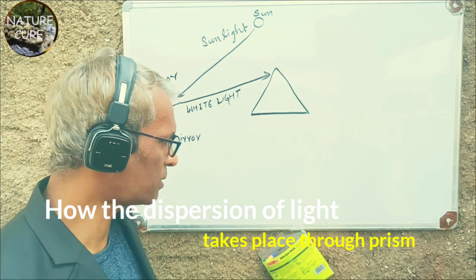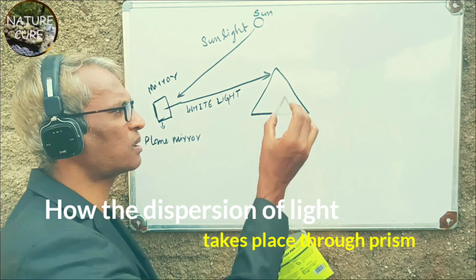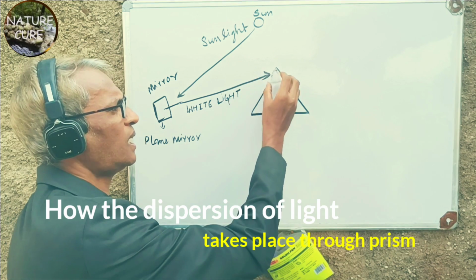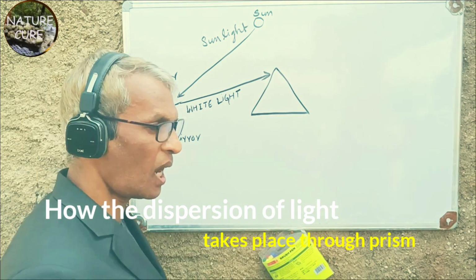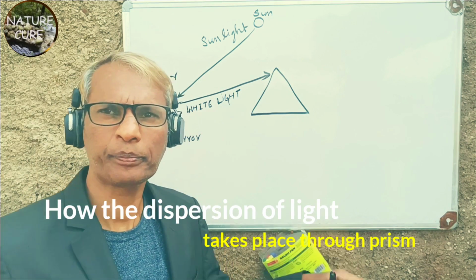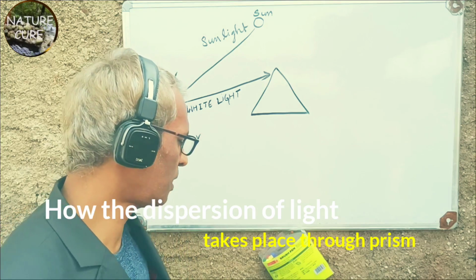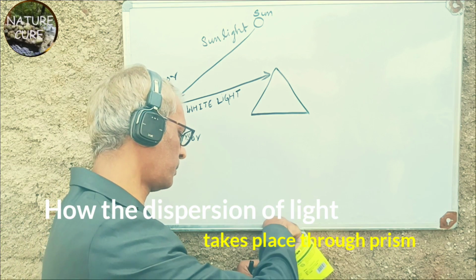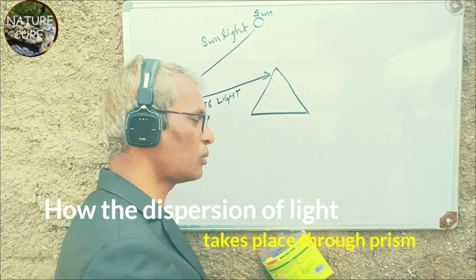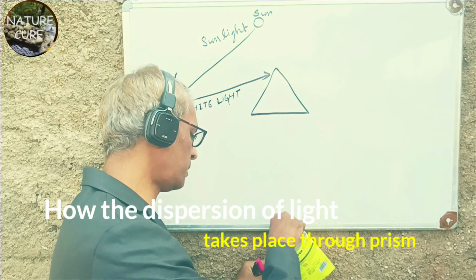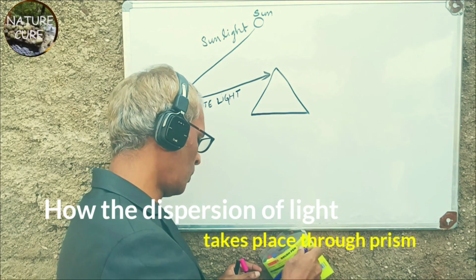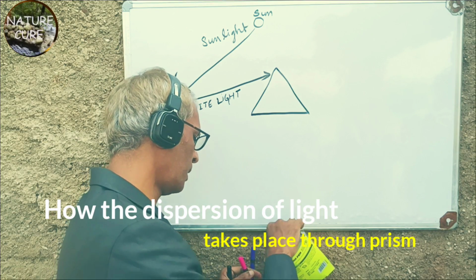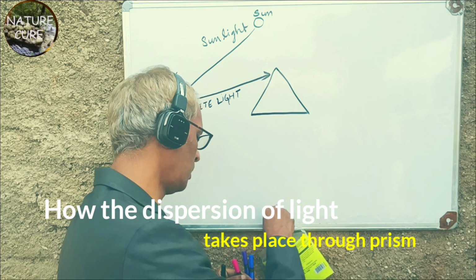If I keep this prism like this and the white light is focused over it, it is dispersed into 7 distinguished colors. So what are those colors? It gets dispersed into violet, indigo, blue.